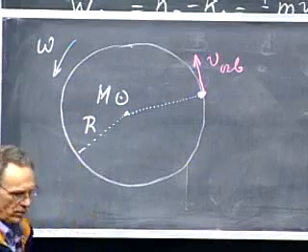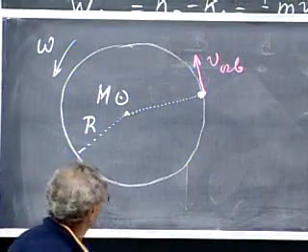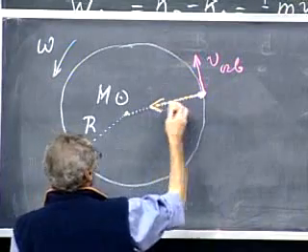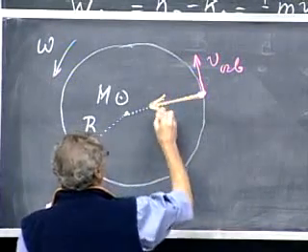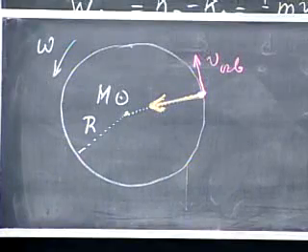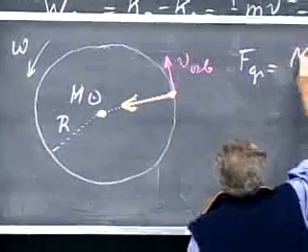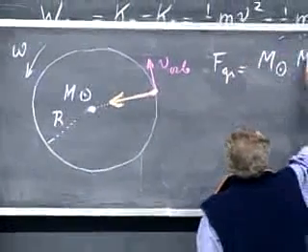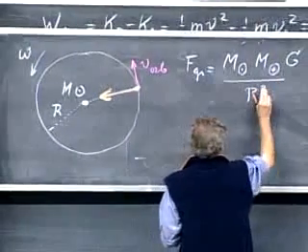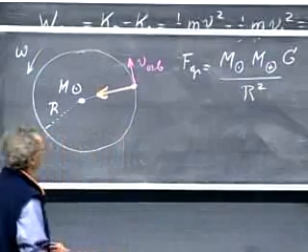It goes around with a certain angular velocity, and there has to be here a force on the system, the gravitational force, which is the same as the centripetal force. That's the only way the object can go around in a circle. So this gravitational force equals mass of the Sun, mass of the Earth, times G divided by r squared, the force of gravity.